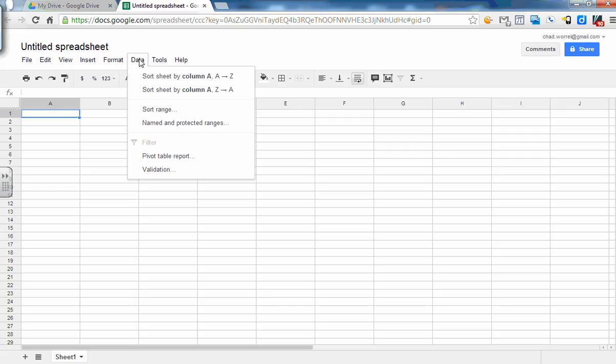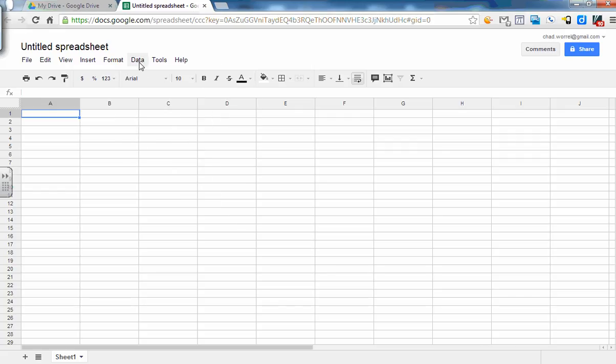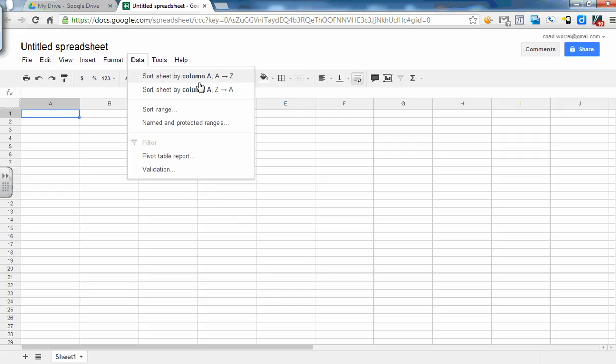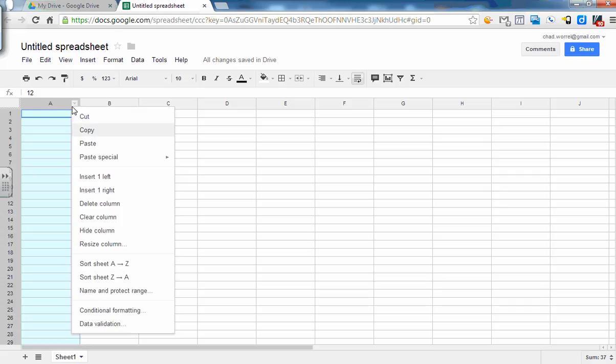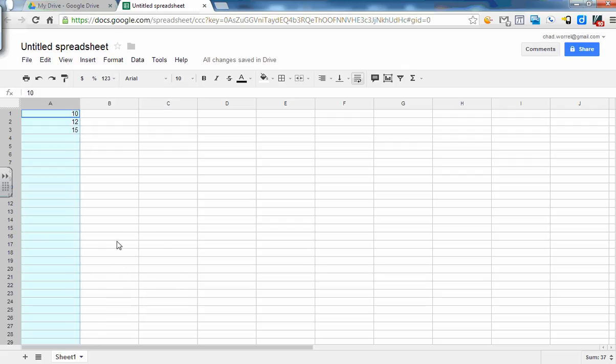Then just go to data, and then you can sort your sheet by column A to Z. Let me enter some numbers first. There. And I'm going to highlight this column. There we go. We can just click on that little arrow and do sort. So I do sort A to Z, and that will put your numbers in order, in ascending order.